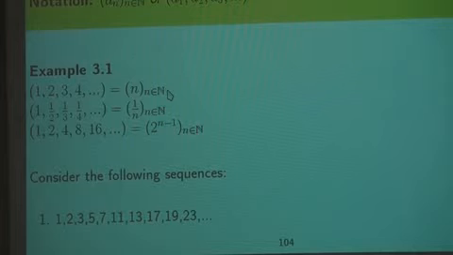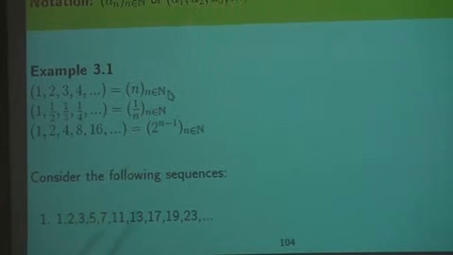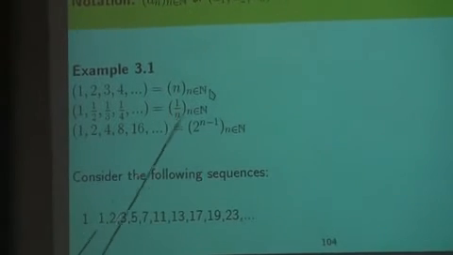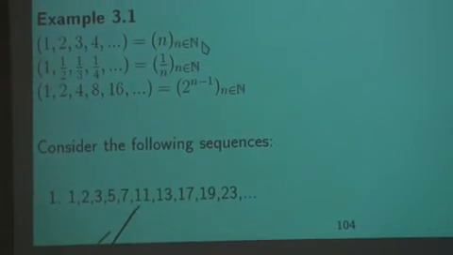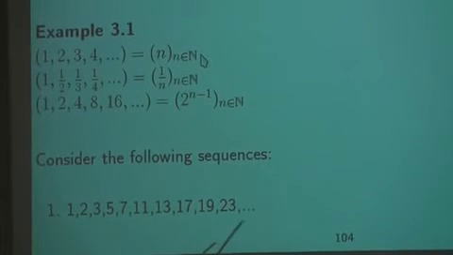Okay, and we use this notation. For example, 1/n with n in the natural numbers stands for the infinite sequence. This tells you where you have to take this n from. Okay, and now we can look at examples of sequences. Here we have a sequence 1, 2, 3, 5, 7, 11, 13.